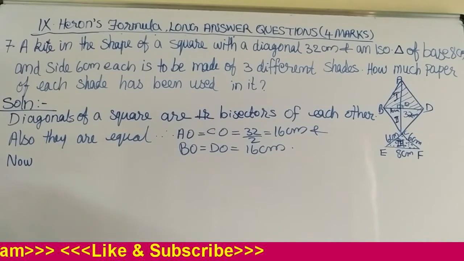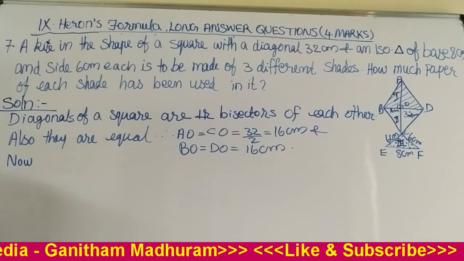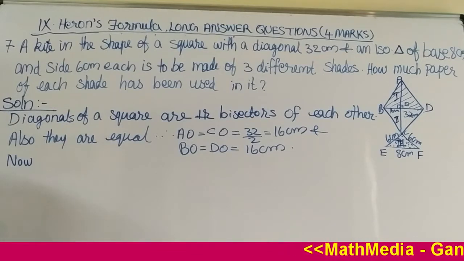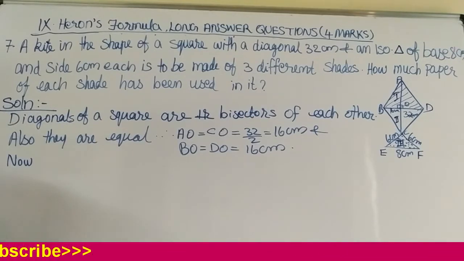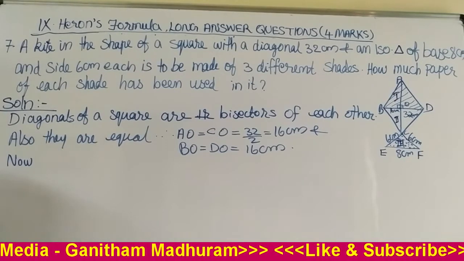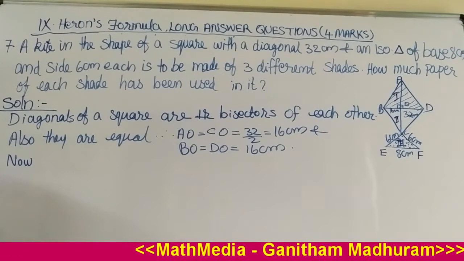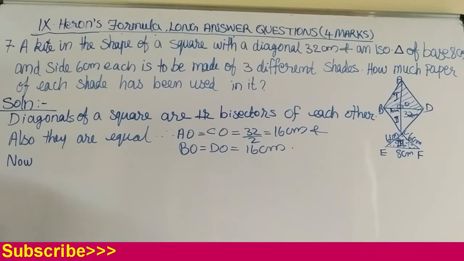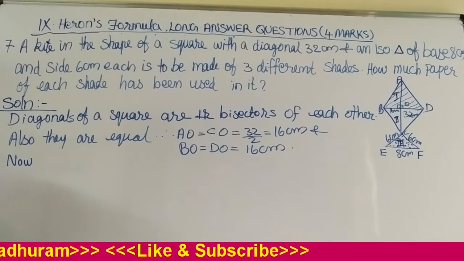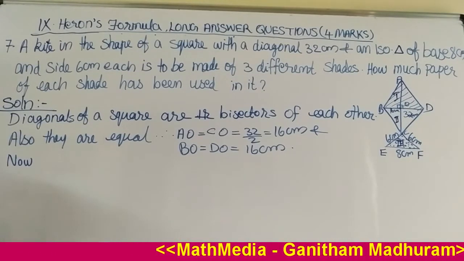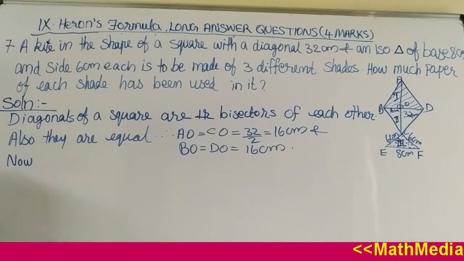Diagonals are perpendicular bisectors of each other means angle AOB equal to AOD equal to BOC equal to COD equal to 90 degrees. Similarly, AO equal to CO equal to 32 upon 2, that is 16 centimeters. Similarly, BO equal to DO is also 16 centimeters.